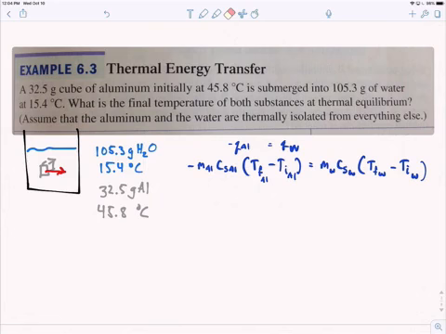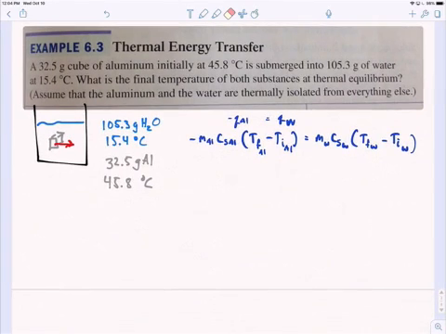Now we have to solve for T final. It's getting to be an algebra nightmare. Let me make sure this is equation 6.3 and that I put the negative sign in the right spot.